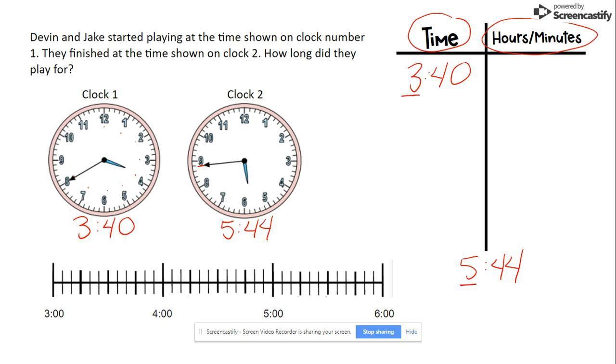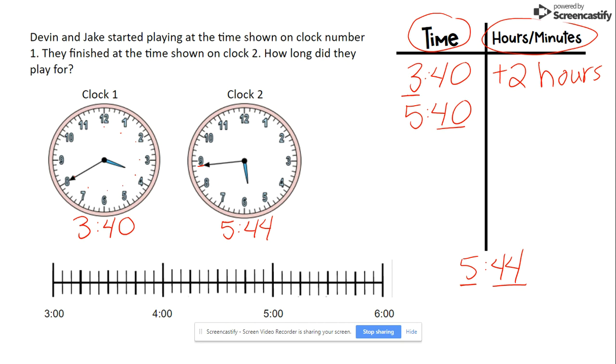Those numbers are different, so I'm going to add 2 hours to my current time so that I have matching hours. So 3:40 plus 2 hours would be 5:40. Now, looking at my minutes, I have 40 minutes and I need to get to 44 minutes.